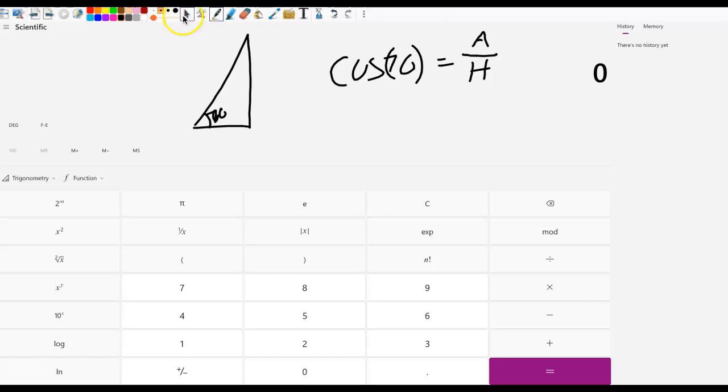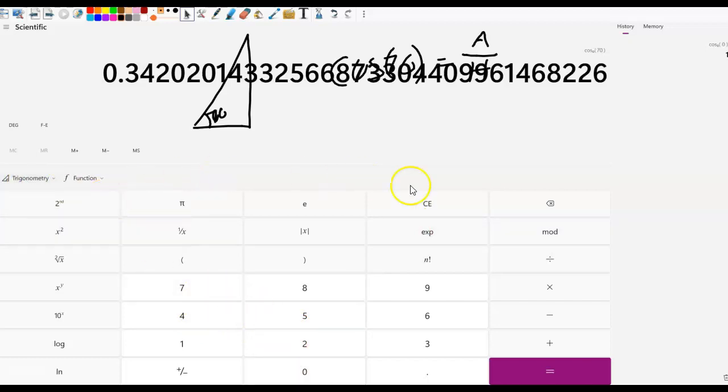Well, my calculator knows even though I don't, and here's how we do it. Some calculators, you're going to push the cosine button first and then 70. Some calculators you push 70 and then cosine. For my calculator, I'm going to have to type 70 first, and then I'm going to push cosine.